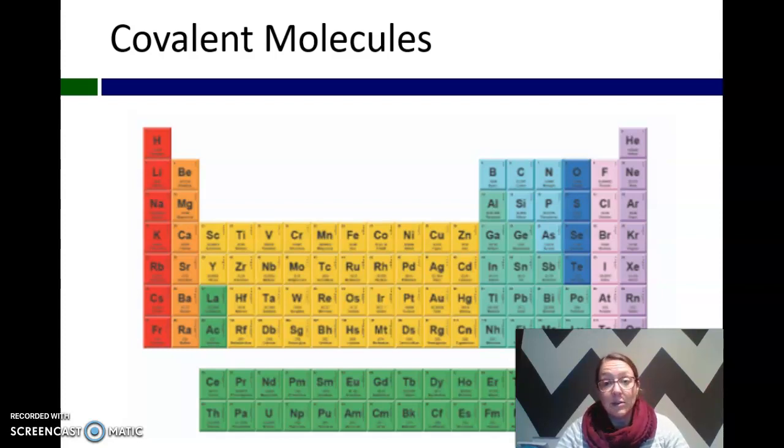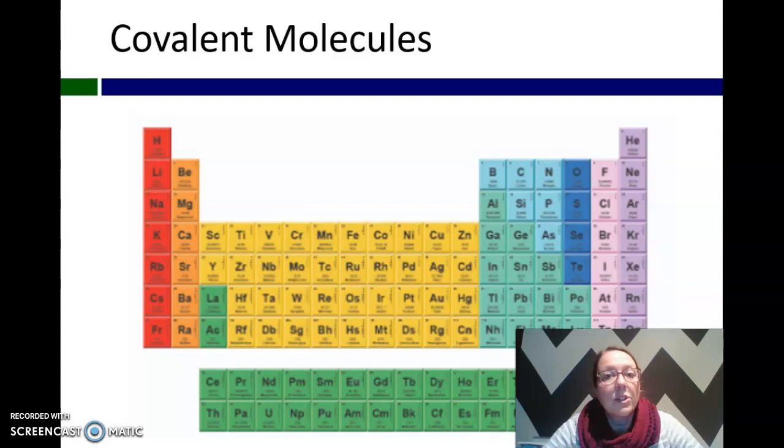Today, we're going to introduce molecules that form, bonds that form between just two nonmetals. Those are covalent molecules. Now, when you form a bond between two nonmetal atoms, the electrons can't be swapped. They do things a little bit different.